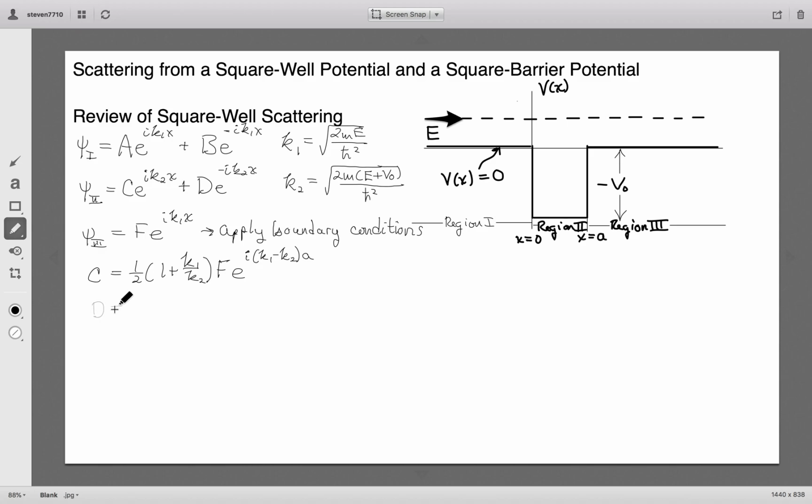D was found to be quite similar, 1/2, 1 minus k1 over k2, and F e to the sum of these wave numbers. Messing around with those, we eventually got A in terms of F. It was an ugly mess. I'll never forget doing it because it took so much work.